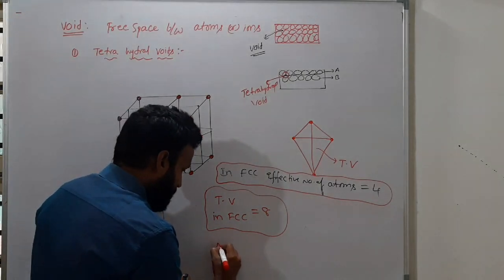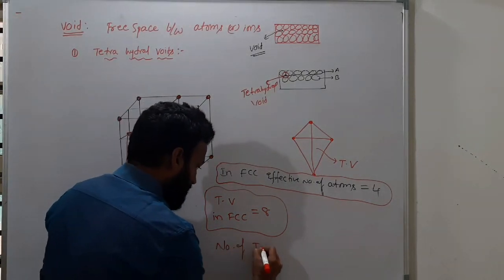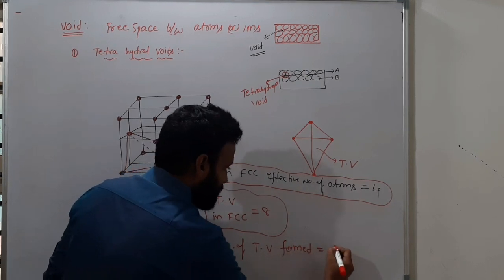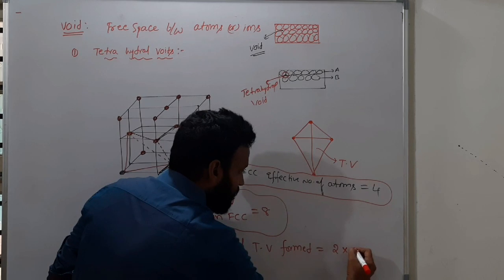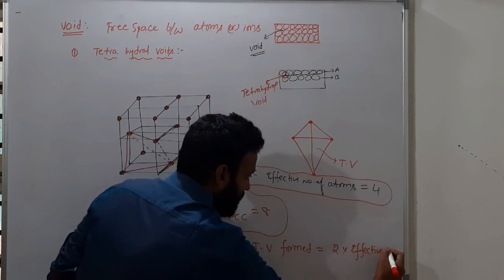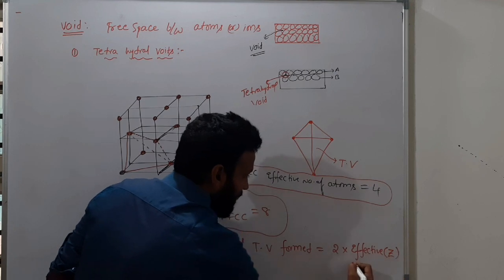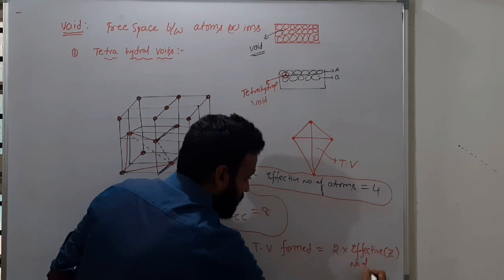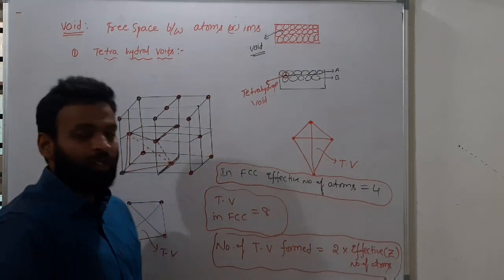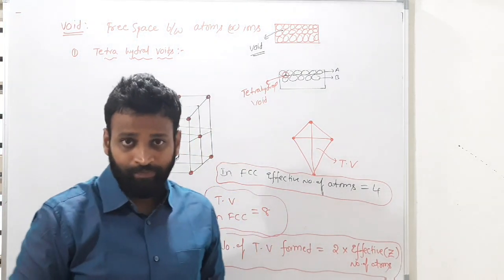So the number of tetrahedral voids formed, you can say, is 2 into the effective number of atoms. The effective number of atoms, what we call Z, means you will have double that number as tetrahedral voids.